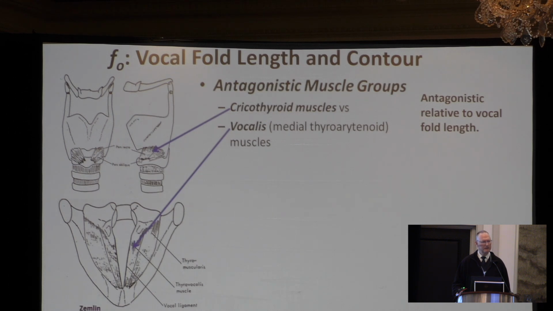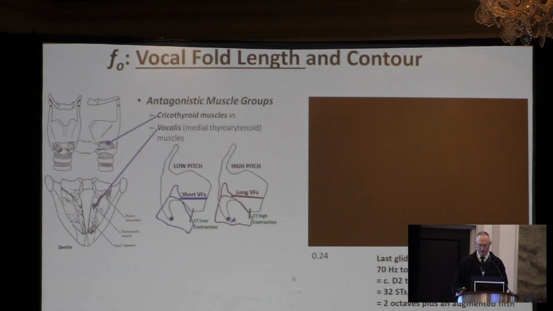The antagonistic muscles for vocal fold length are the cricothyroid muscle that was discussed, which pulls the cricoid up toward the thyroid cartilage, and antagonistic to that is the vocalis muscle with fibers that are anterior-posterior. When the vocalis muscle contracts, it shortens the vocal fold as well. So these two are in antagonistic action. Vocal fold length, though, is primarily from CT, but you have to consider the vocalis as well.